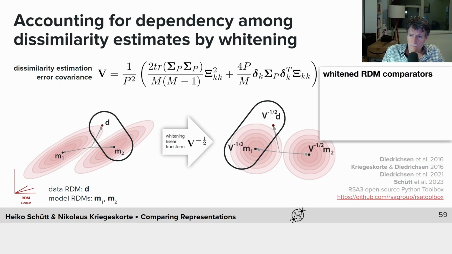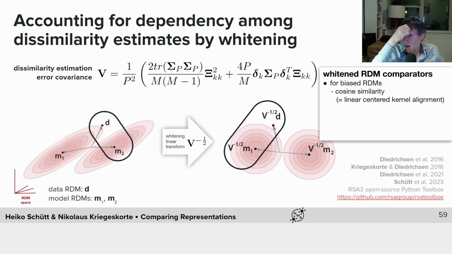So this gives us whitened RDM comparators, and there's a little more under the hood, so we can use this knowledge about the covariance of the RDM estimates in different ways. We can use it in the context of biased RDMs. For example, we can use biased RDMs and the cosine similarity, and this turns out to be equivalent to the linear-centered kernel alignment, which is a popular way of comparing representations in machine learning.